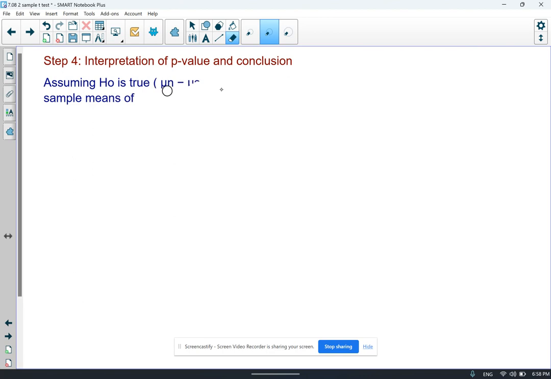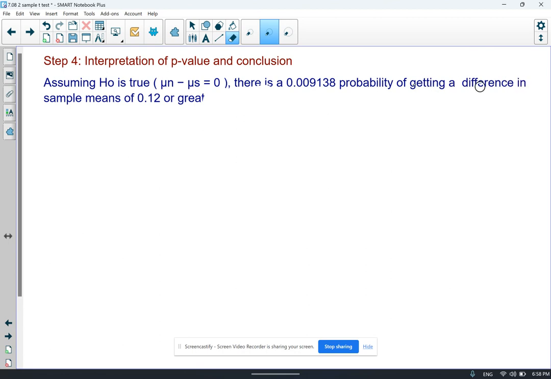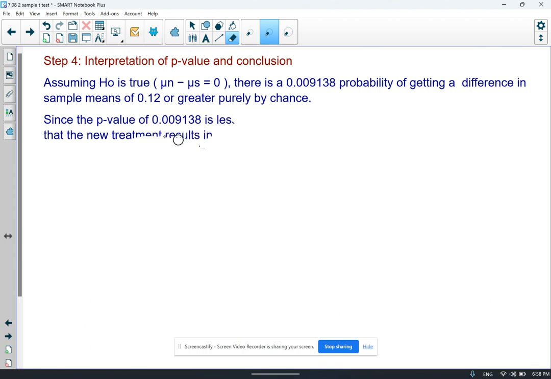So assuming H0 is true, mu n minus mu s is equal to 0, there is a 0.009 probability of getting a difference in sample means of 0.12 or greater purely by chance. And then we say, since conditions have been met, or forget that, that's incorrect.